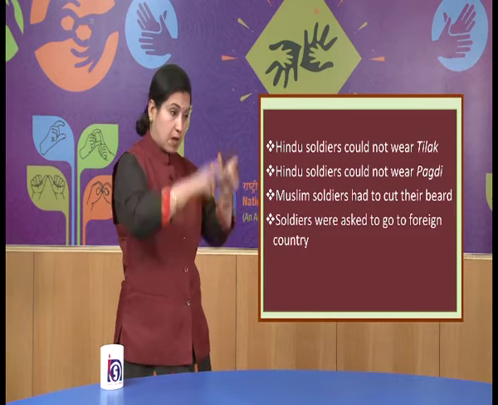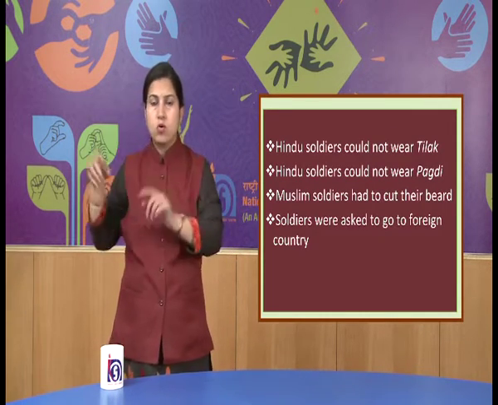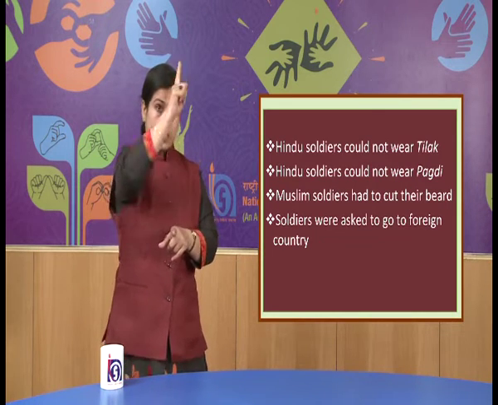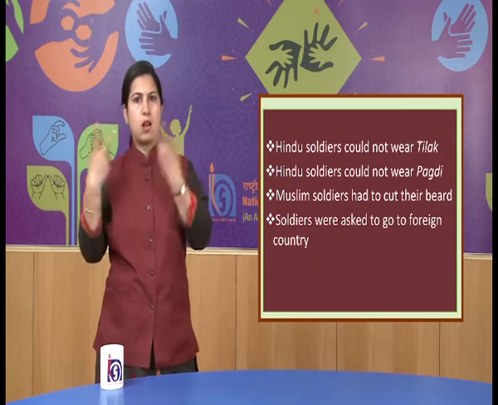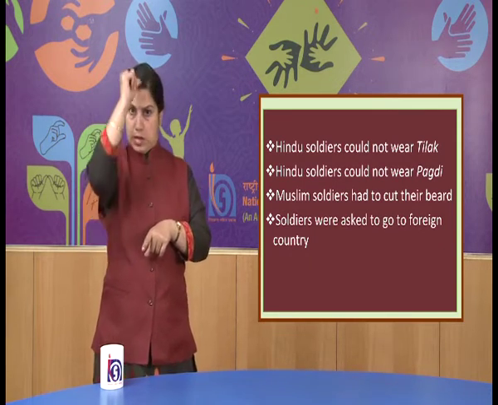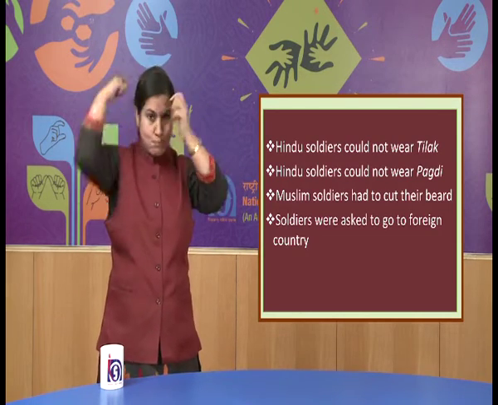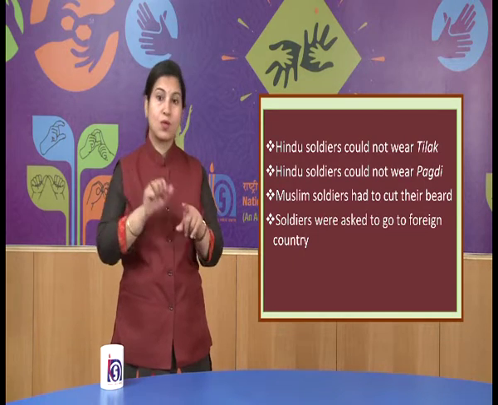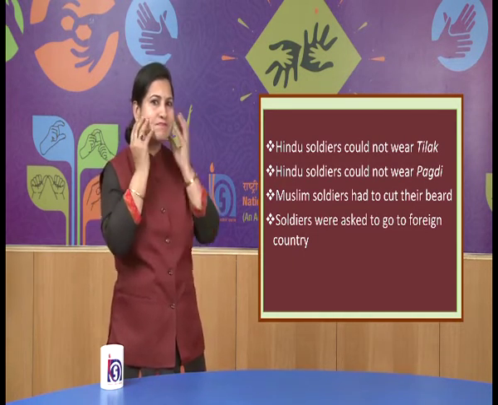The Indian soldiers working in the British Army were forced to do things that were against their religion. For example, the Hindu soldiers were asked not to wear tilak on forehead and wear turban or pagadi. Similarly, the Muslim soldiers were asked to cut their beards.